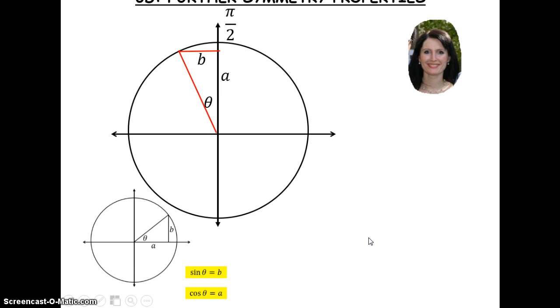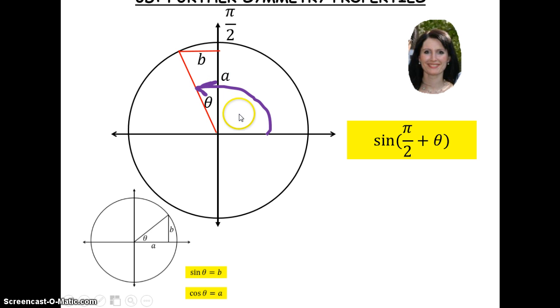Let's move on from there. And now we're looking at sine pi on 2 plus theta. So as you can see, sine pi on 2 is, of course, that part there, and then we're adding on theta. So there it is there. That's the angle we're looking at, sine pi on 2 plus theta. Now remember, we still have that little unit circle down in the left-hand side to remind us what theta and A and B originally were.